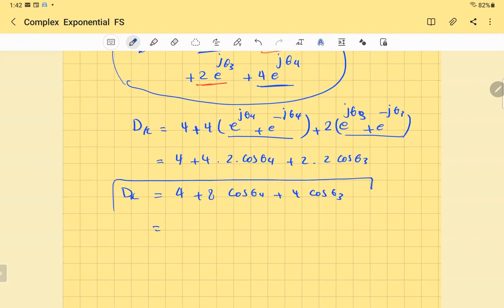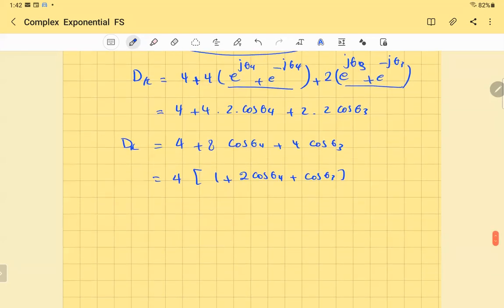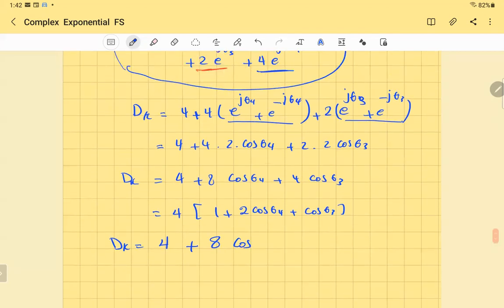If you want to make it more compact, take 4 as a common factor. So you get 4 times 1 plus 2 cosine theta 4 plus cosine theta 3, if you wish to do that. If you like to write it in a formal way, you say 4 plus 8 cosine theta 4. What's theta 4?